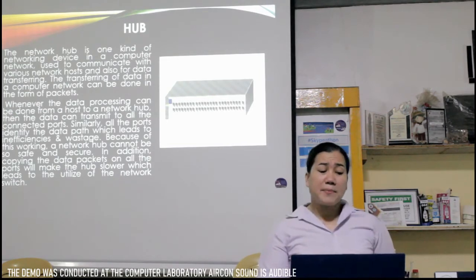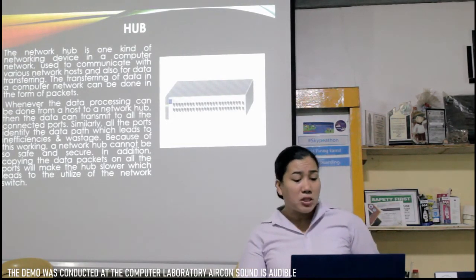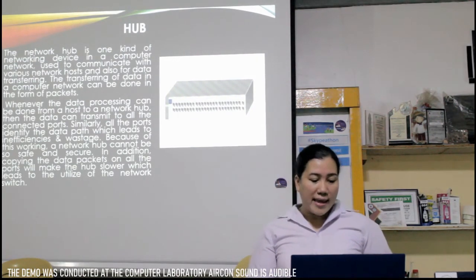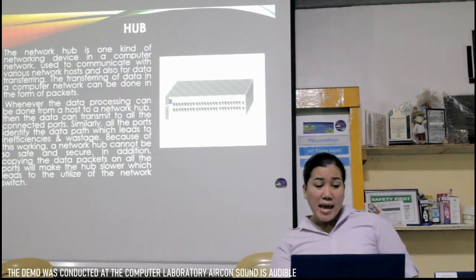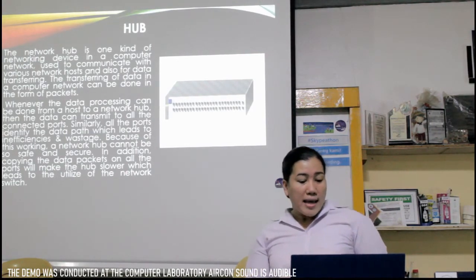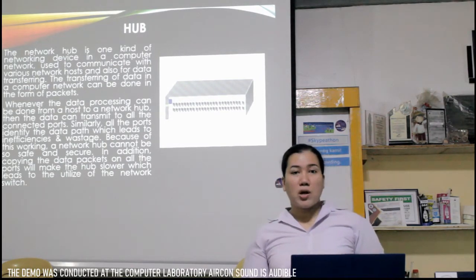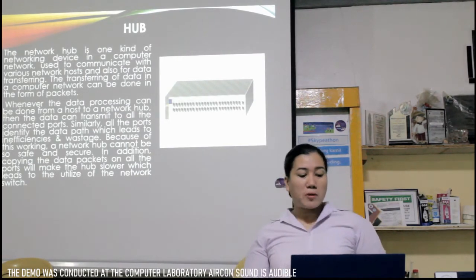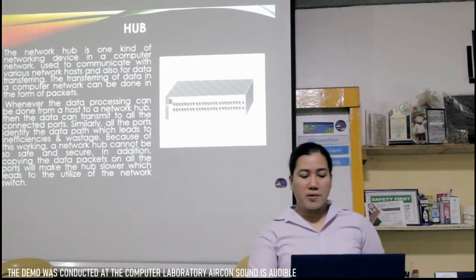Whenever data is sent from a host to a network hub, the data is transmitted to all the connected ports. This leads to inefficiency and wastage, so a network hub cannot be very safe and secure. In addition, copying the data packets to all the ports makes hubs slower, which leads to the use of the network switch.